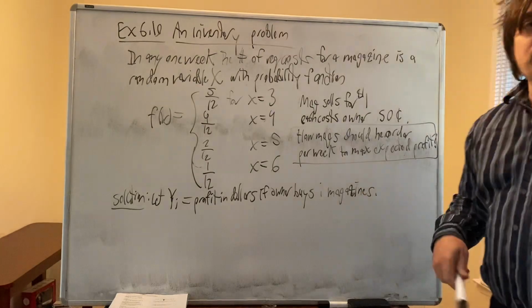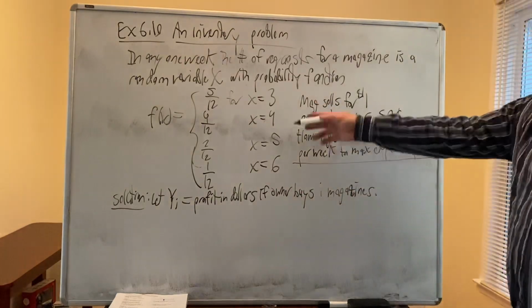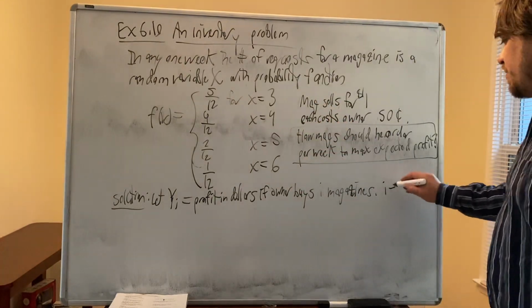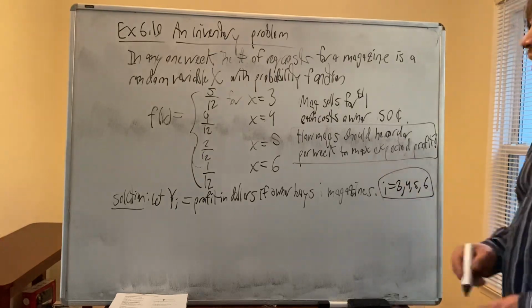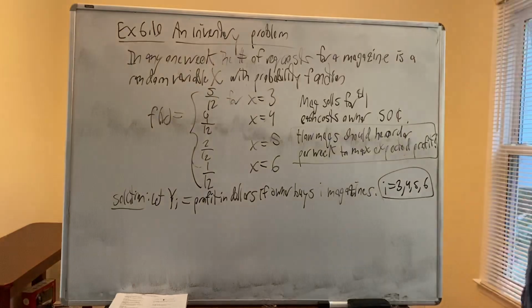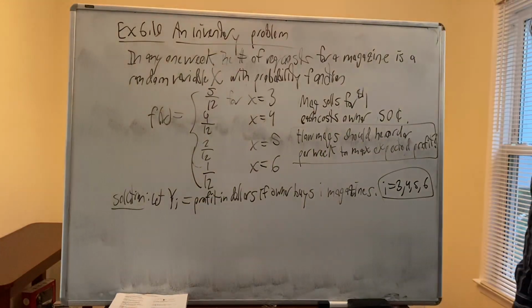And so we're going to consider all the possible numbers of magazines he could buy. If there's going to be 3, 4, 5, or 6 requests for magazines, then the values of I we should consider are 3, 4, 5, or 6. And so we're going to look at the expected value of y sub I for those values of I.